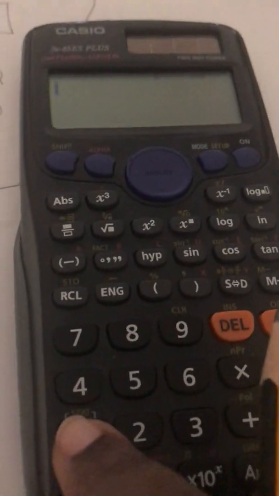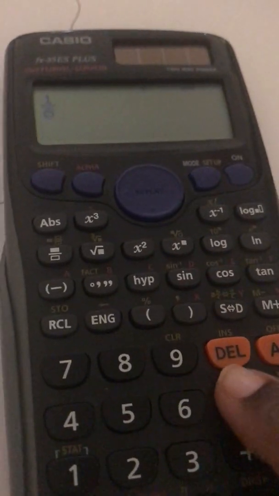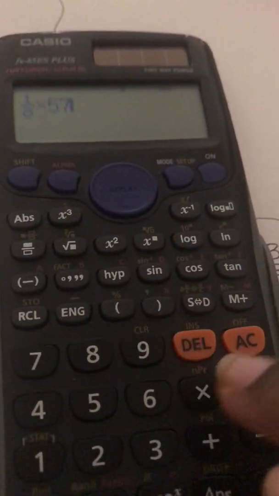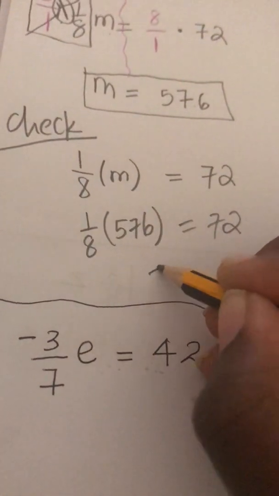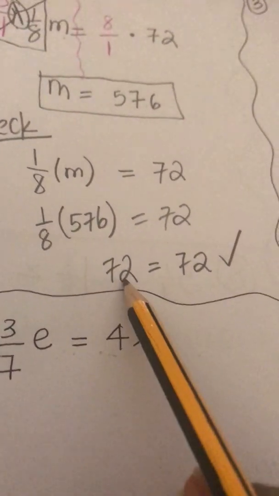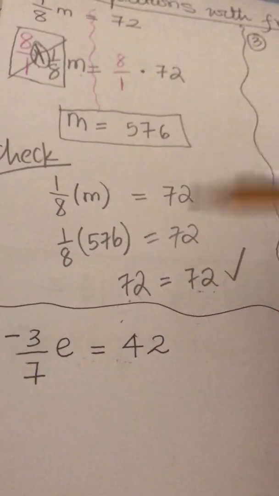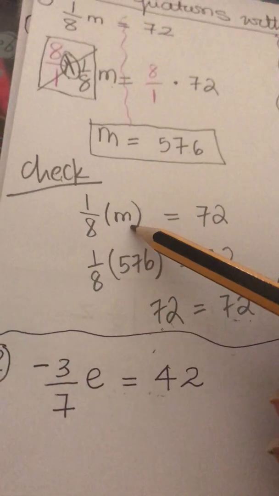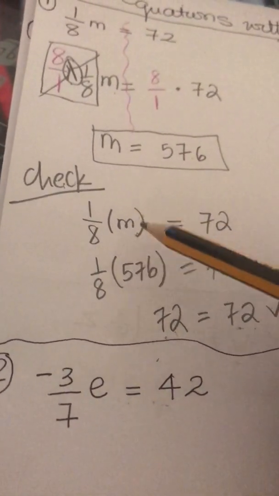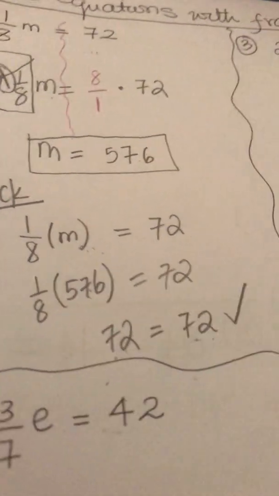I do 1/8 multiplied by 576, and I get 72. So I say 72 equals 72. The last step of your check must be the same number, because you're solving each side by itself. In your check, you must put the bracket. The bracket is only put in the check, not in the question, in the check. Okay?